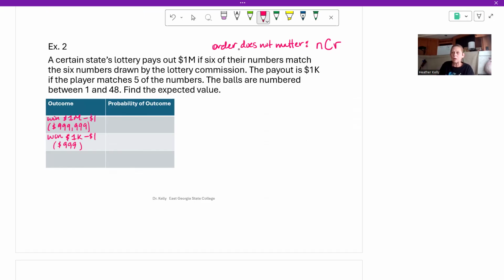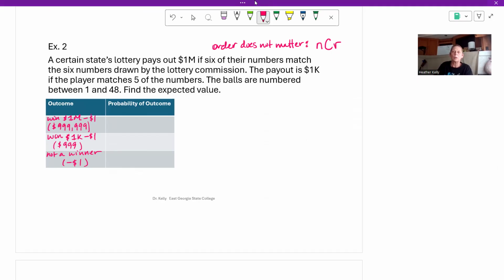And then the other outcome is that you didn't win, right? You just lost. You're not a winner. And so you're just down $1. Okay. So these are the values of our outcomes.